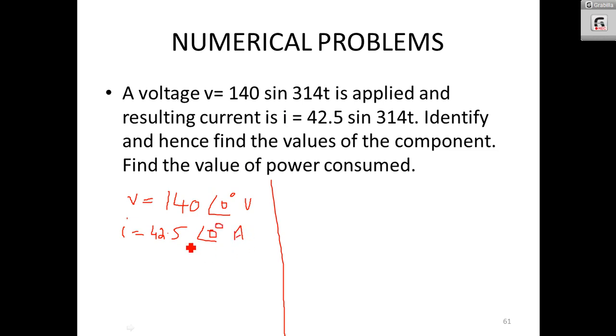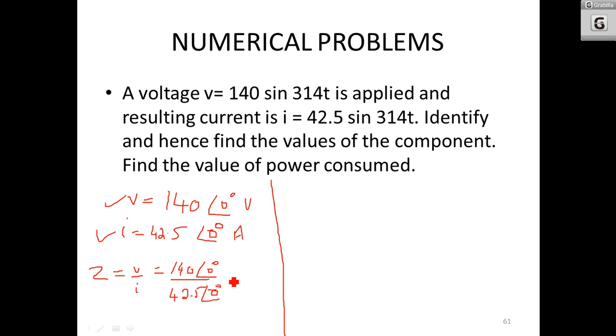Now you know voltage as well as current. How to find the impedance in polar form? The impedance in polar form is found by Z equal to V by I. Voltage is 140 at an angle 0 divided by 42.5 at an angle 0 degree.